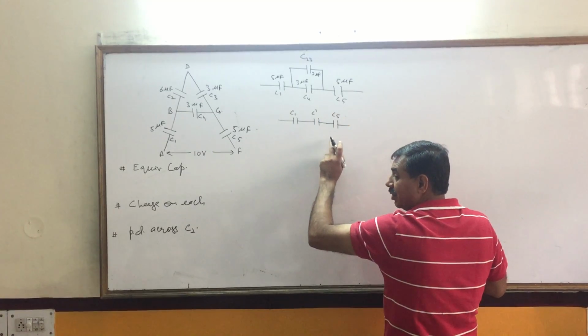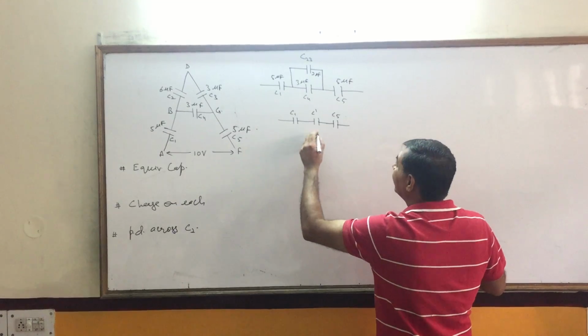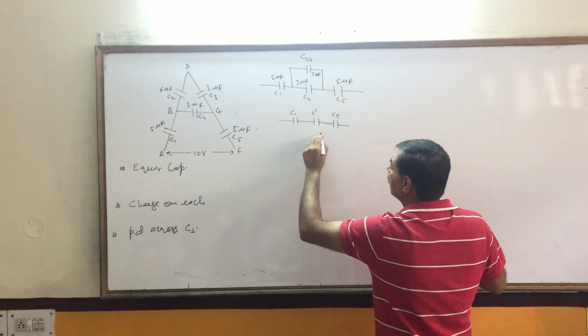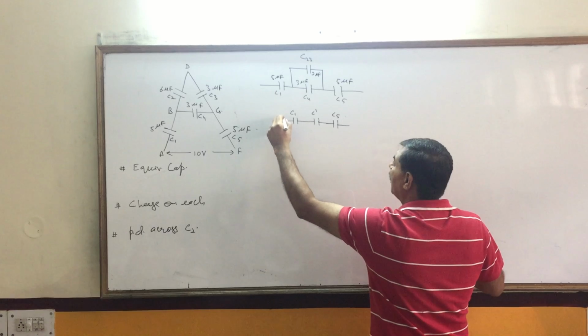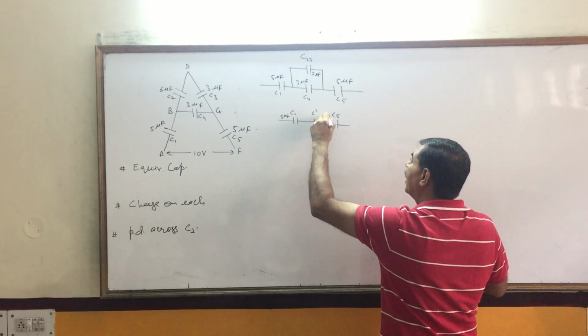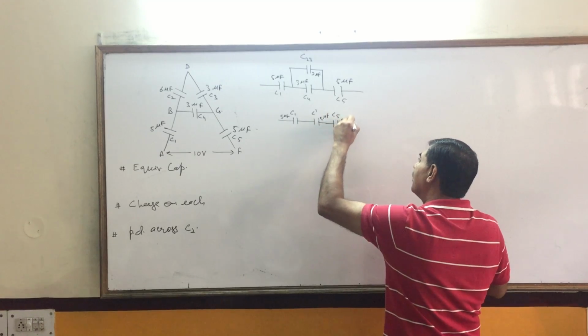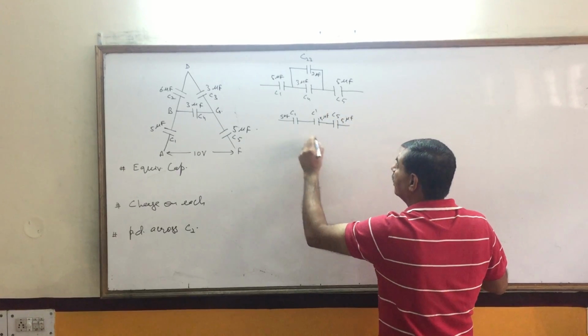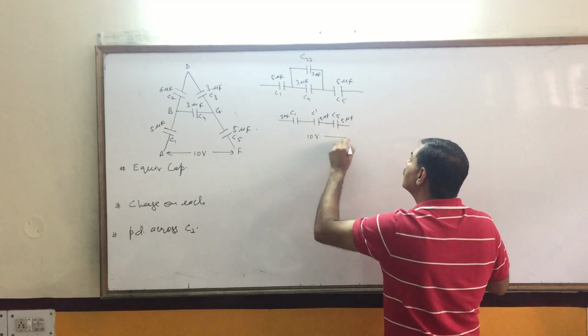This becomes just a disk question now. Okay? And across it, C1 is how much? 5 microfarad. This is also 5 microfarad and this is also 5 microfarad. Across it we have 10 volts.